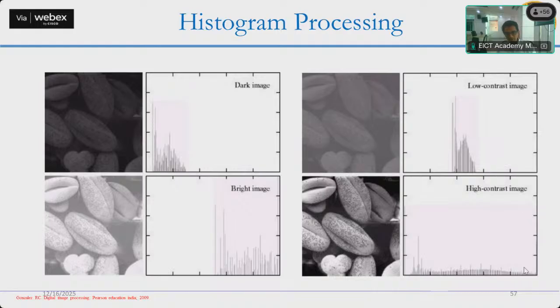In the high contrast image, see, it has worked upon the distribution of the different pixel intensities, and it has been moved from one part to the complete domain. So what is happening now with the help of the high contrast image is that you are able to see the details of the nuts which were not easily visible in the original picture.